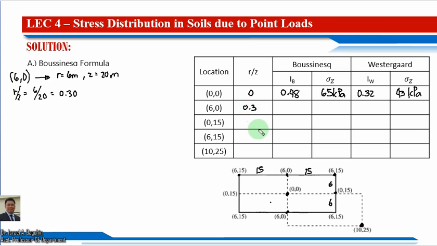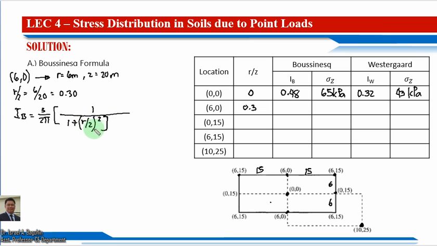So substituting for this I sub B here, the formula for our influence factor for the Boussinesq formula is equal to 3 over 2 pi times 1 over 1 plus r over z squared.